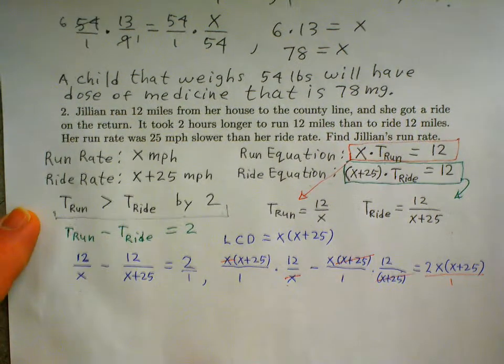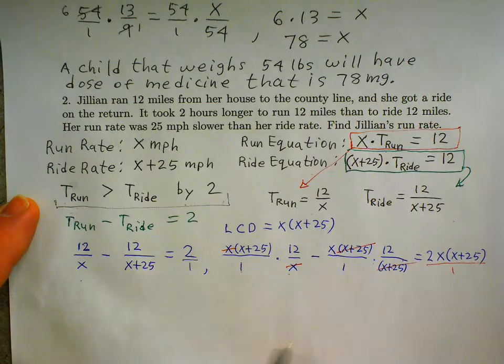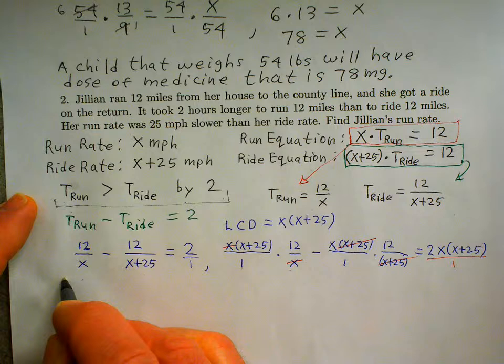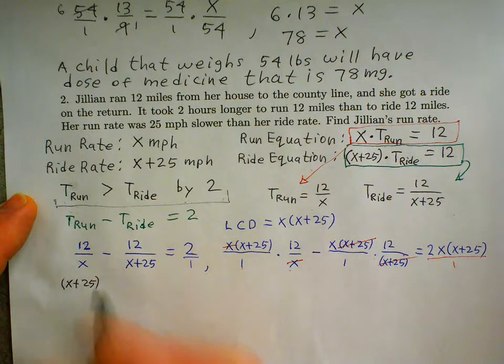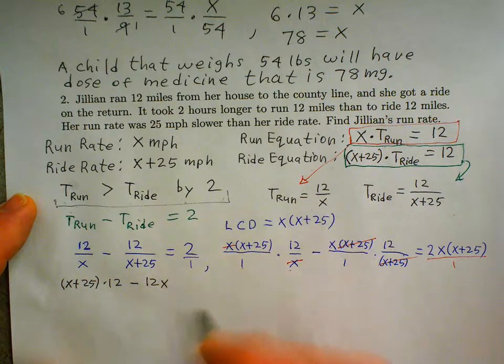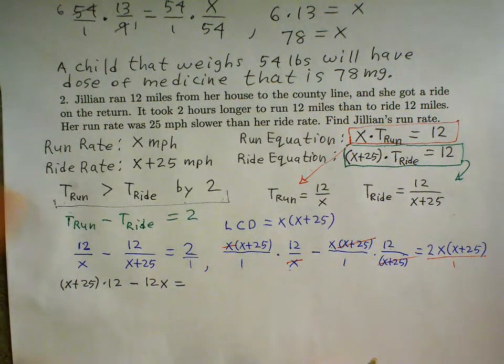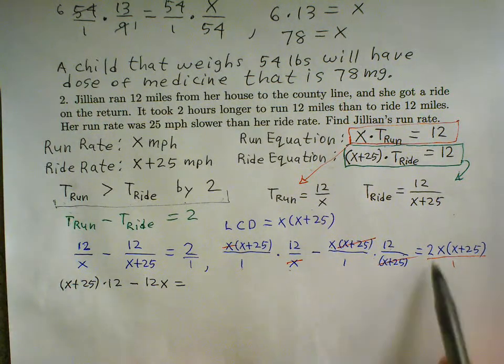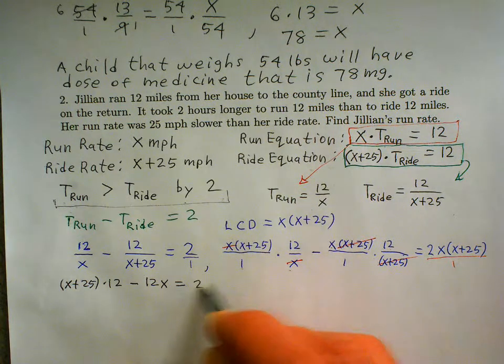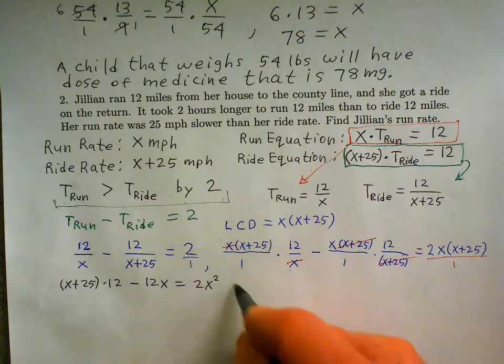Okay, so let's write down what we have. We have x plus 25 times 12 minus x times 12, or just minus 12x. And on the right-hand side, we have 2x times x plus 25, which is 2x to the second plus 50x.